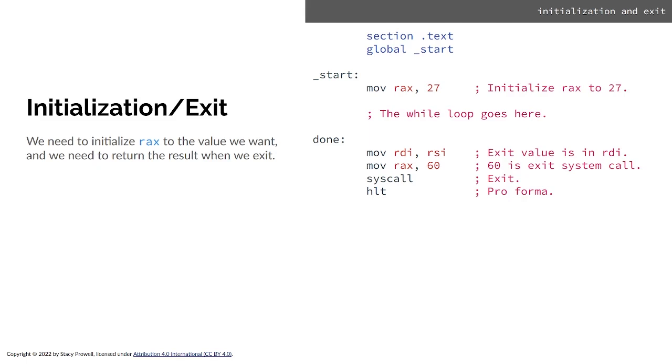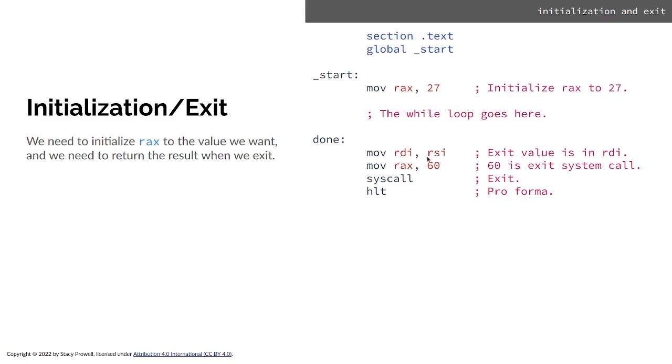I also do need to initialize, and I need to have something that ends the program. So before we talked about how to end the program, I'm going to do the same thing I did before here. 60 will go in RAX. That signals that it's an exit when I do a syscall. But then I'm going to have the exit value of the program be the stopping distance.